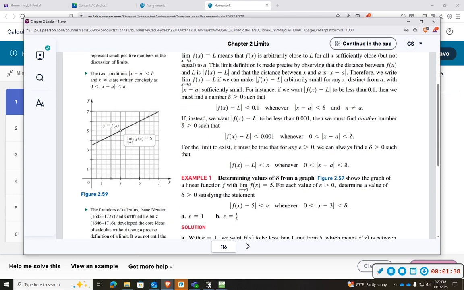Here we go through showing we can use any positive values, 0.01, 0.001, and we can find a corresponding delta that would make x minus a stay within the range of delta. They won't always be equal. Sometimes they can be, but sometimes they'll be different.